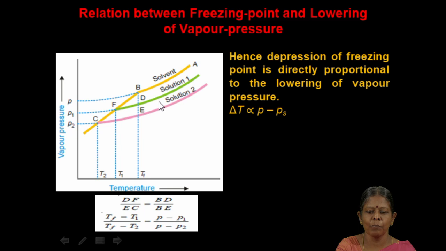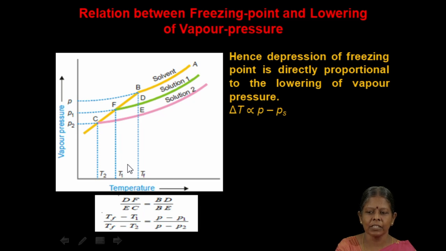When you add some more solute, it forms solution 2. And when you are cooling it, at a temperature much lower than this, its vapor pressure begins to decrease suddenly, and that temperature T2 is called the freezing point of solution 2. Therefore, when you add more and more solute, the freezing point decreases.